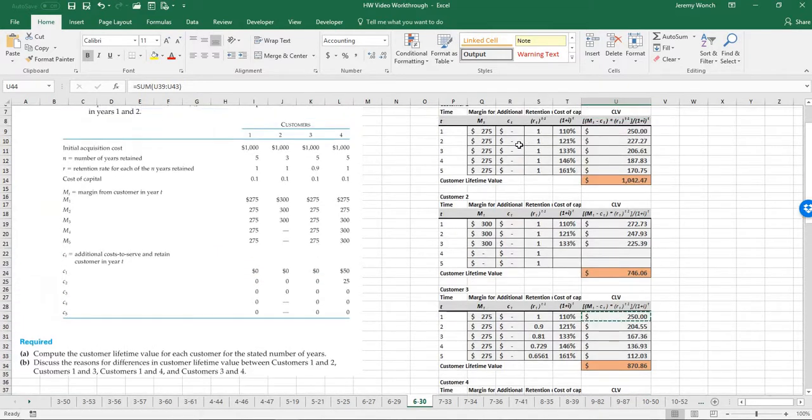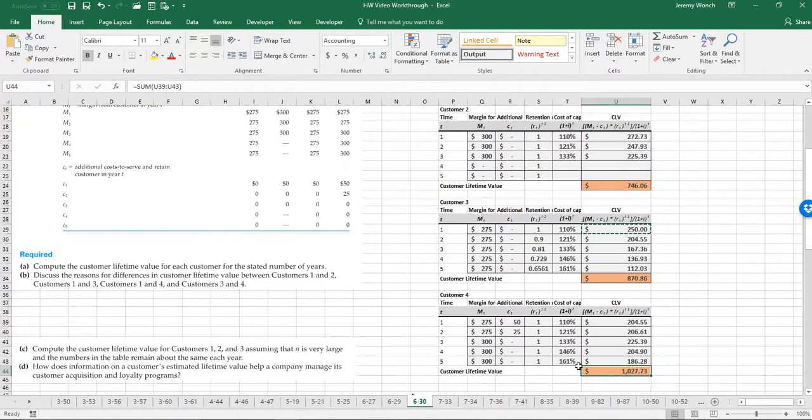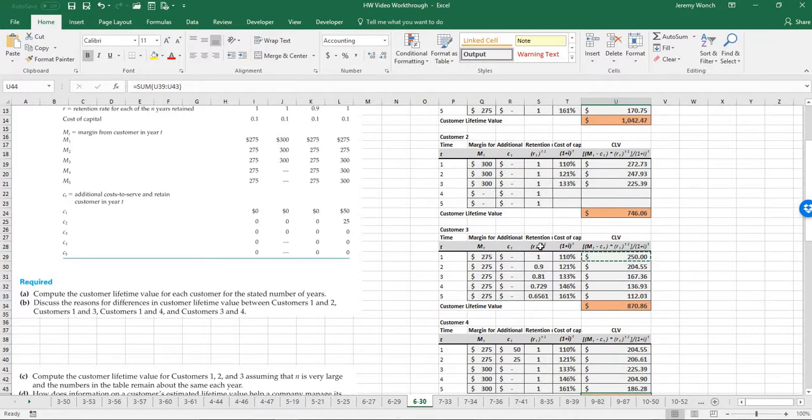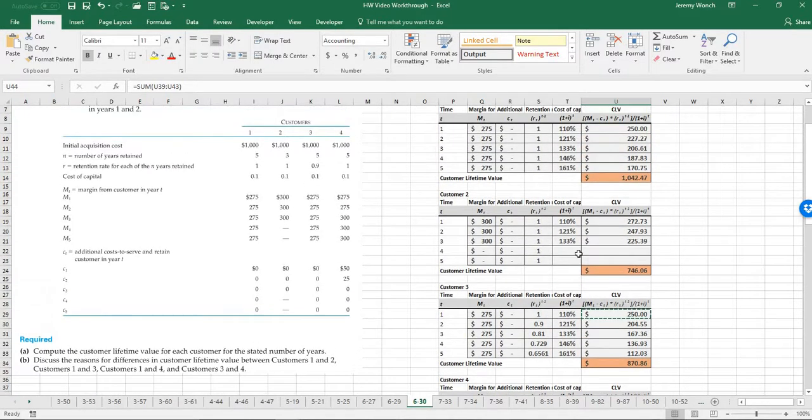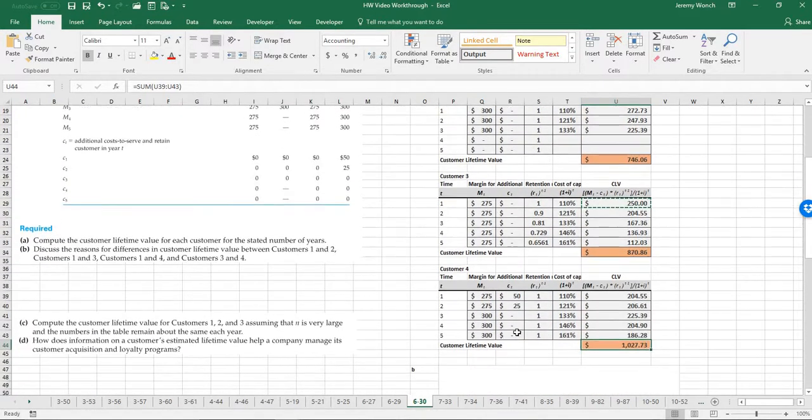And then customer 1 and customer 4 are very close. The difference is that customer 4 actually increases their profit margin down the road, but they also have some cost to serve them up front.